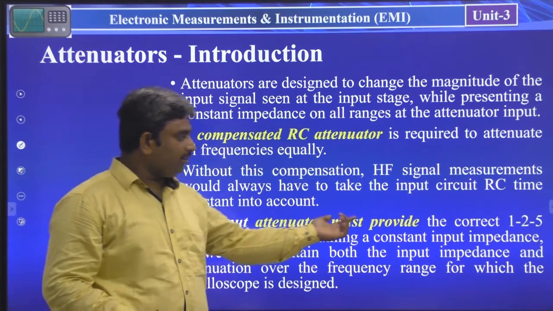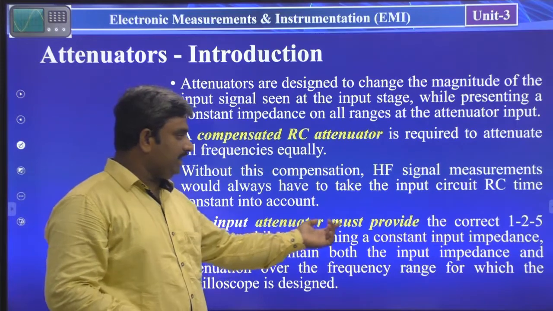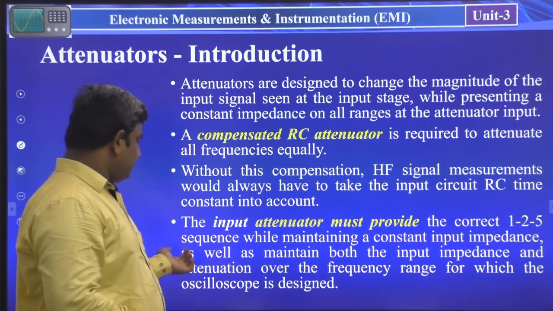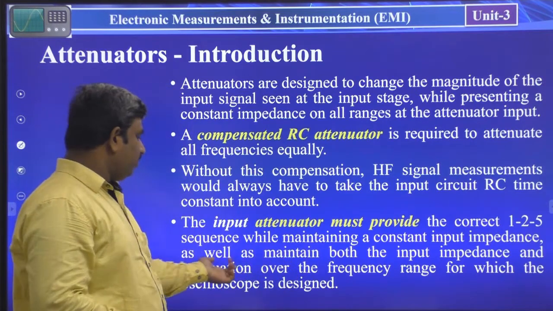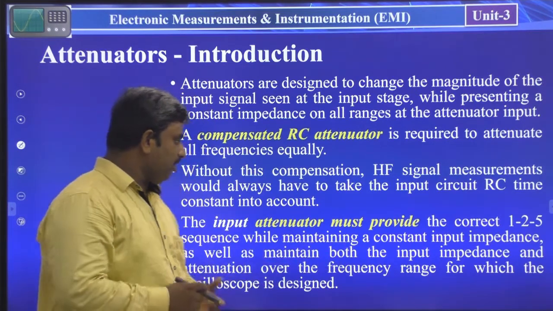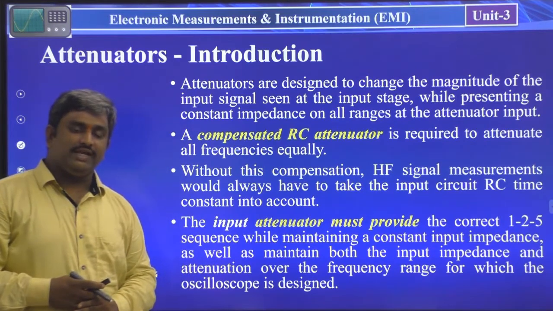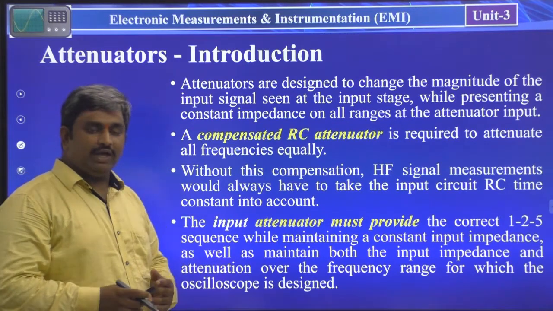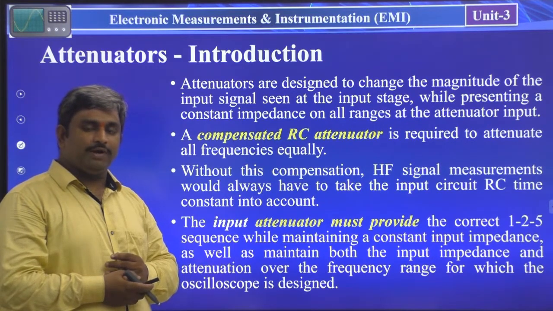The input attenuator must provide the correct 1 to 5 sequence while maintaining a constant input impedance, as well as maintain both the input impedance and attenuation over the frequency range for which the oscilloscope is designed. When you design an oscilloscope, you have to check the input attenuation levels and high input impedance parameters.